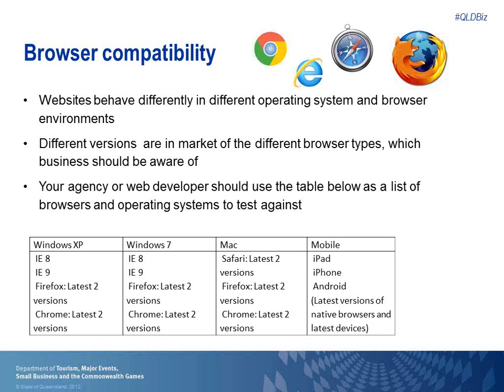The main browsers include Internet Explorer, Firefox, Chrome and Safari. There are also different versions available of the different browser types. Older browser versions are periodically dropped as supported environments, so it's important to make sure your website's functionality and user experience remains intact and current across multiple browsers.